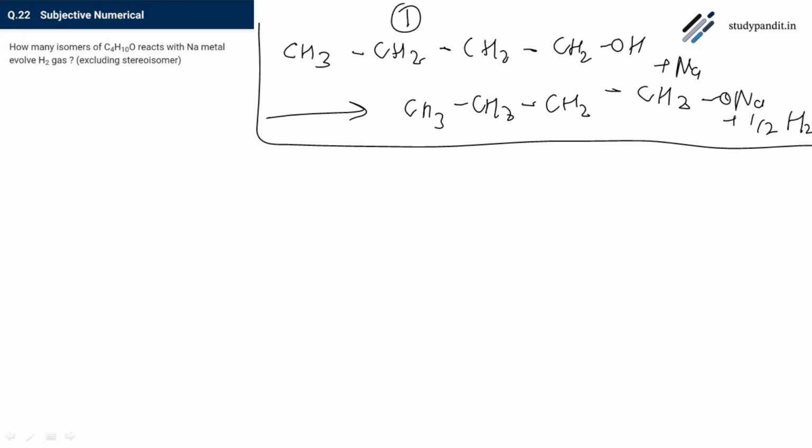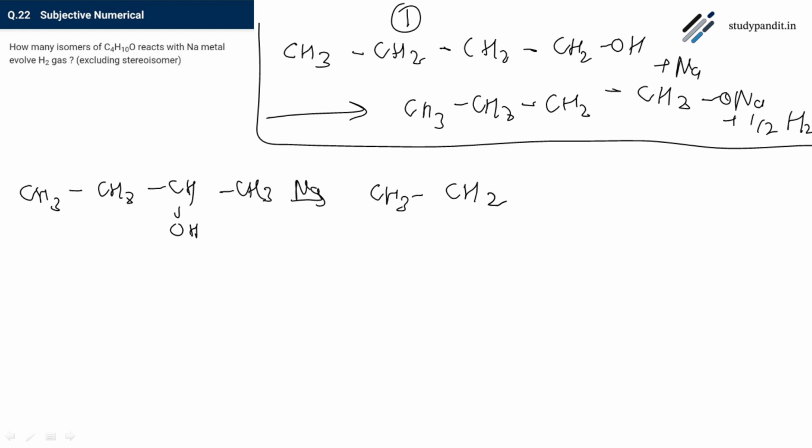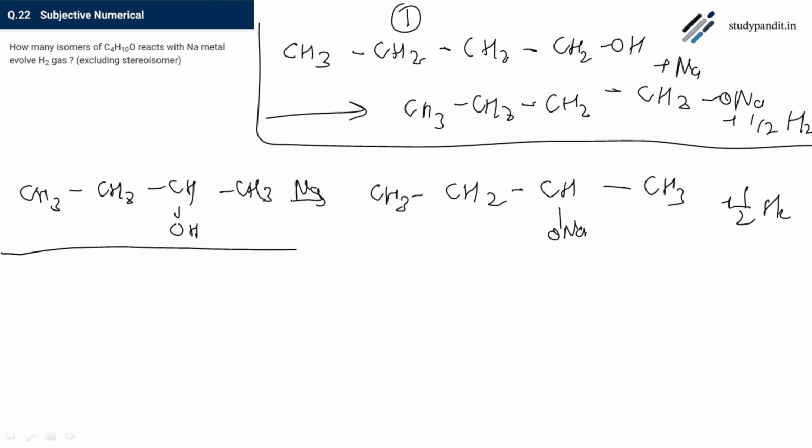Then another one, CH3CH2CH(OH)CH3. This one with Na will give CH3CH2CH(ONa)CH3 plus half H2. This is the second one.